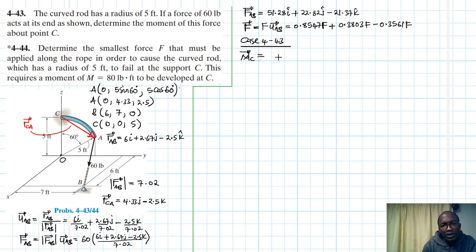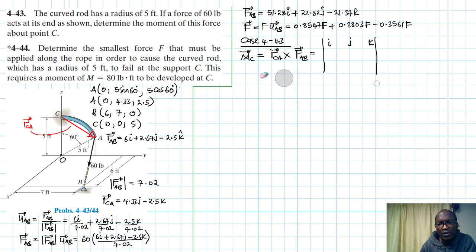Vector moment MC is equal to RCA cross FAB, and this is equal to, let's use our tool. We use our tool for doing the cross product. If you don't like this, you can do the cross product directly, but this makes the work easier. You don't have to punish yourself or invent a wheel. There is already a wheel invented for us.